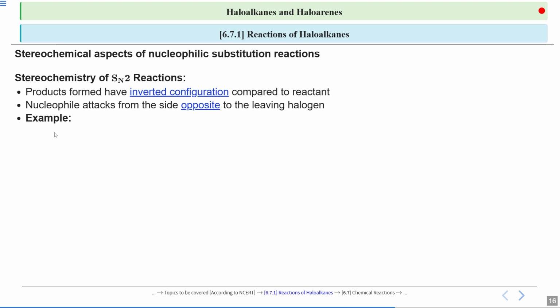For example, you have this halide, that is, a haloalkane. The nucleophile is attacking from the opposite side of the leaving halogen. This nucleophile, OH negative, attacks from the opposite side of the carbon-halogen bond, and due to this, the configuration of the product will be inverted.